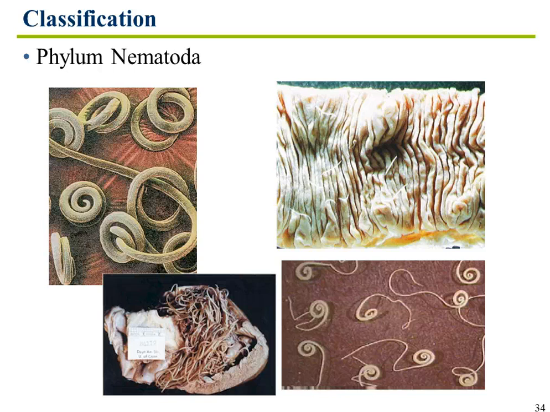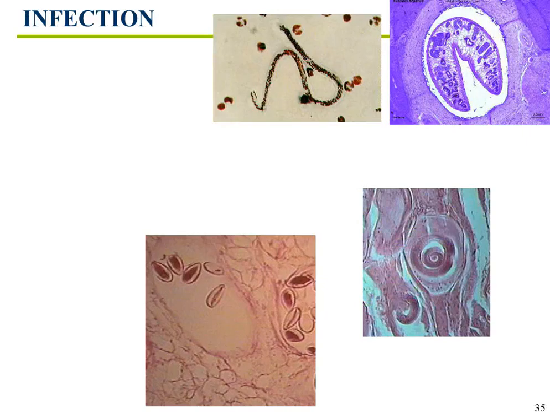Then moving over to the left, you've got heartworms in a heart taken out of a dead dog. That's Dirofilaria. And up at the top left, you see Trichinella, which is another one associated with pork. Undercooked pork is not something you should eat.